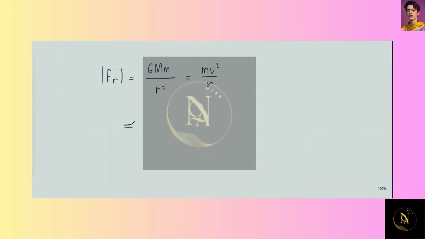So rearranging this equation, the speed of the satellite's orbit about Earth, v, is equal to the square root of GM over r. So we see the mass of the satellite here is not important.